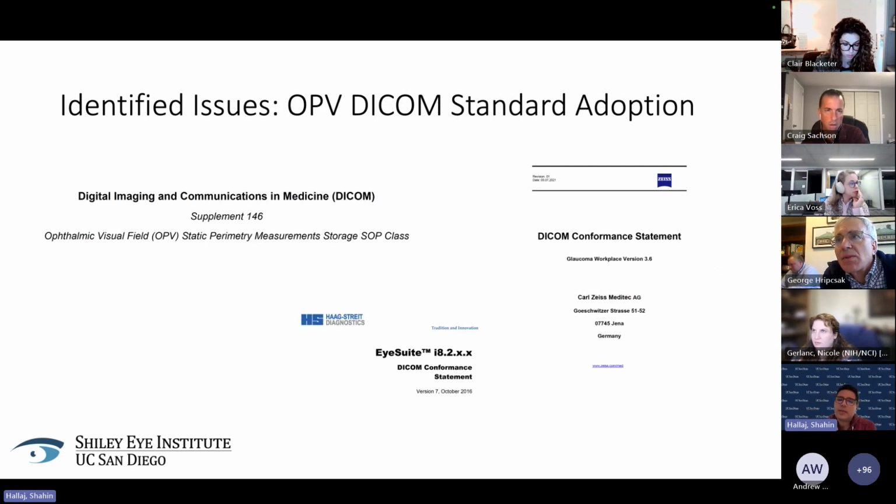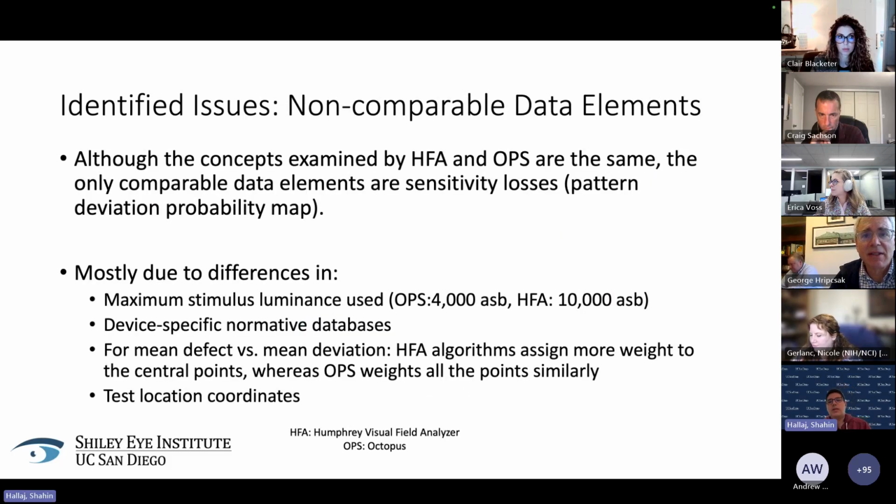Even if we look at the conformance statement provided by those vendors, the compliance level to the DICOM standards is varying, and this is not a good area for the vendors, so they don't really comply to the full DICOM standard that we have out there.